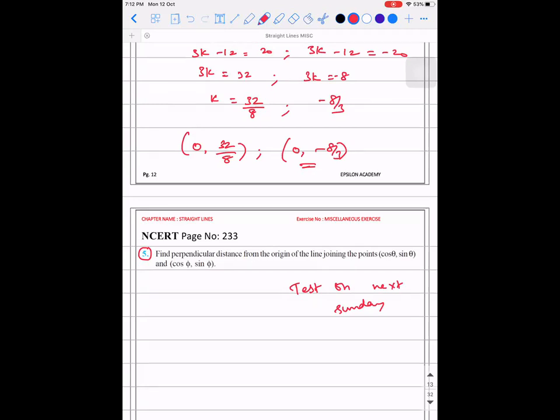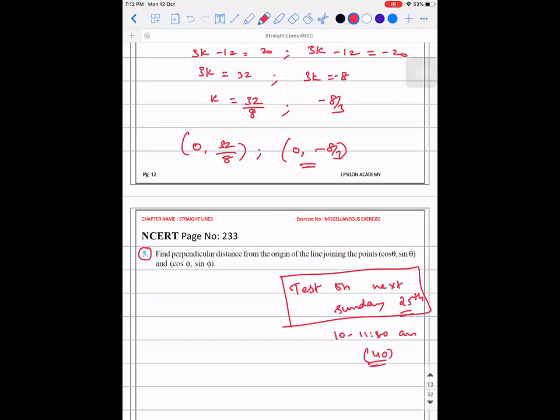You have enough time because I want to give you enough time to prepare. There will be a test on 25th between 10 to 11:30 a.m. for 40 marks.